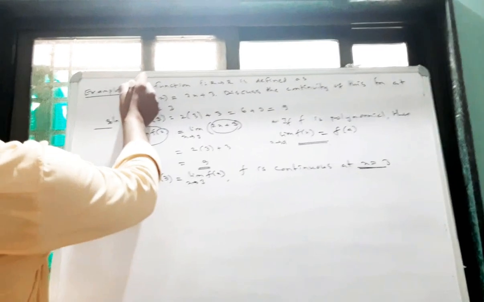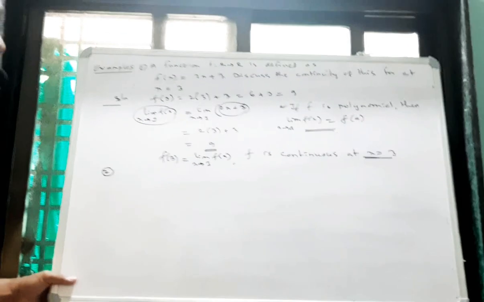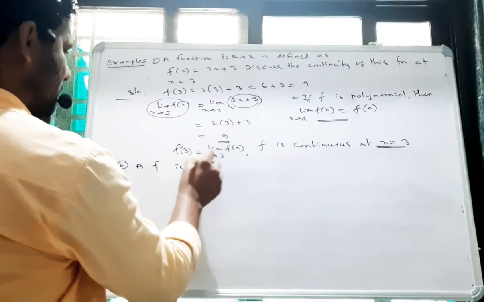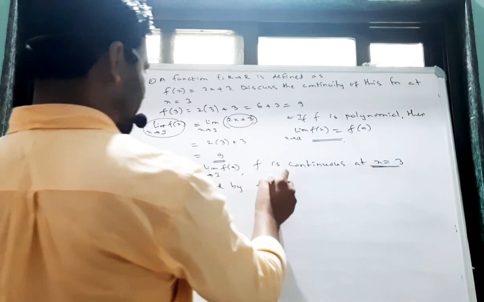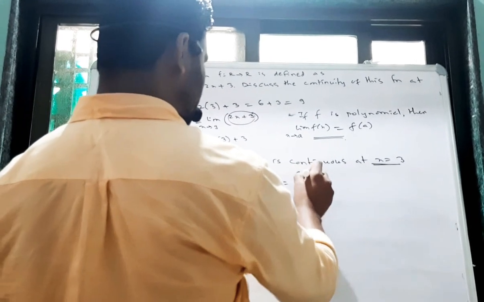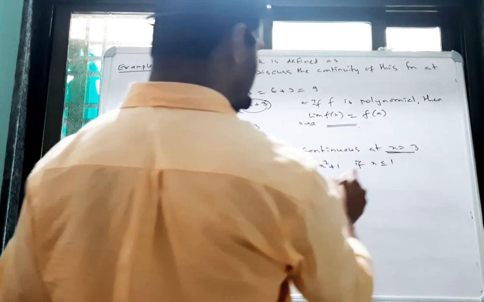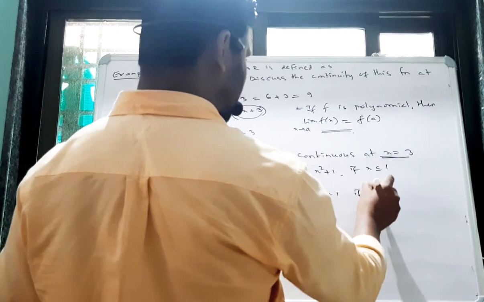Then the second example. A function is defined as f of x equal to x square plus 1 if x is less than or equal to 1, and x plus 1 if x is greater than 1.